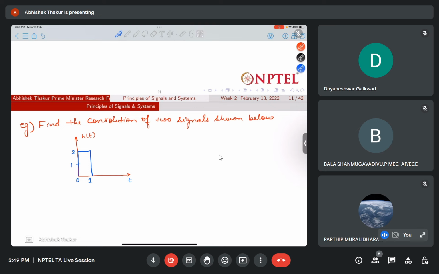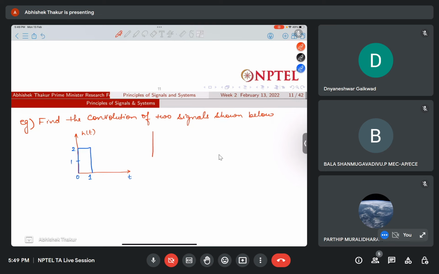The second signal given is xt. Like this. Now we have to find the convolution of these two.